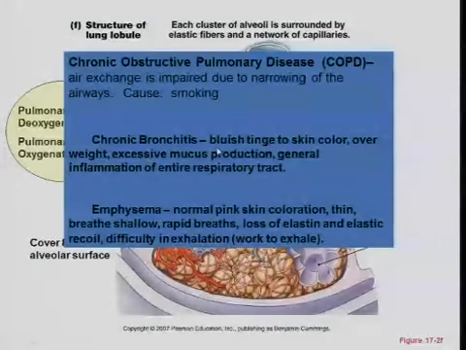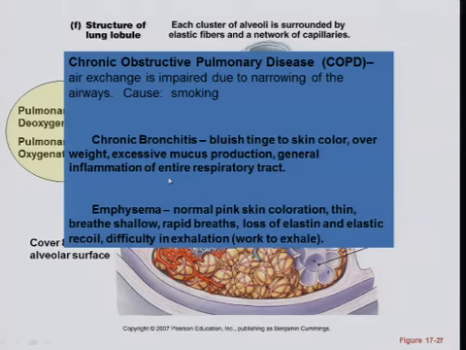In chronic bronchitis, basically the patient will have a bluish tinge to their skin color. They're usually overweight, with excessive mucus production and general inflammation of the entire respiratory tract. So this causes a narrowing of the airways. Therefore, they are not getting enough oxygen, and that's what causes the bluish tinge to their skin color.